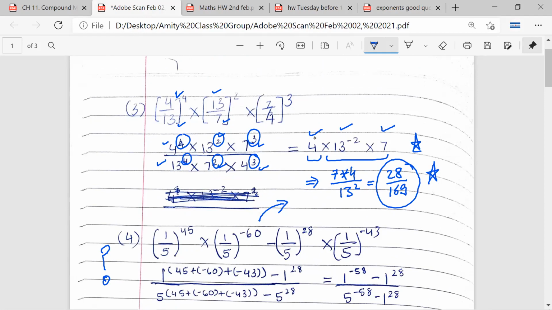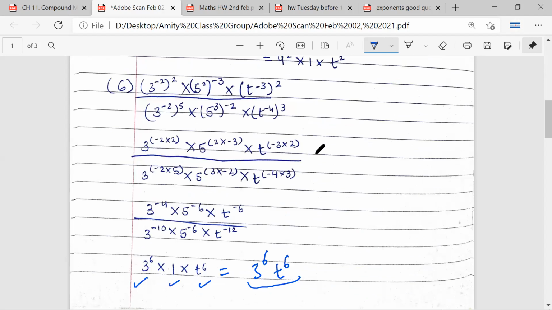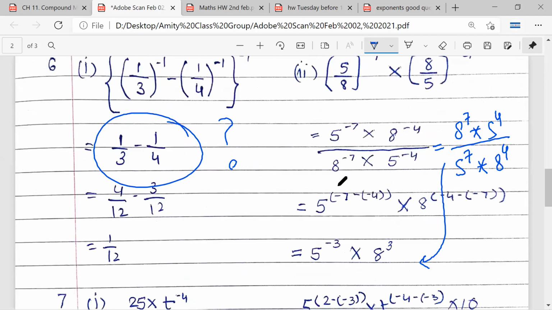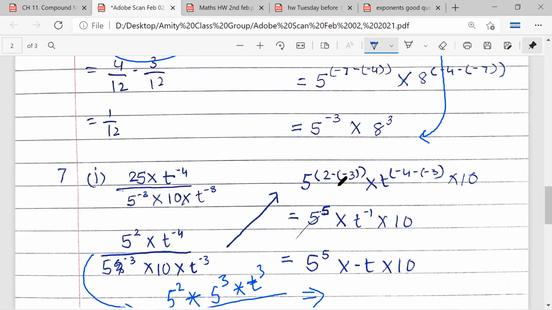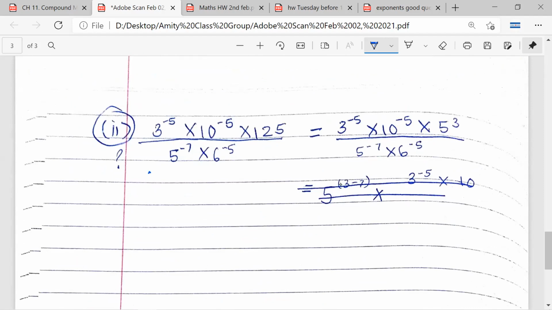See, the point is usually these questions come, they just want to test whether you are aware about the rules of exponents or not. So there would be times, say for example, let us take this example.